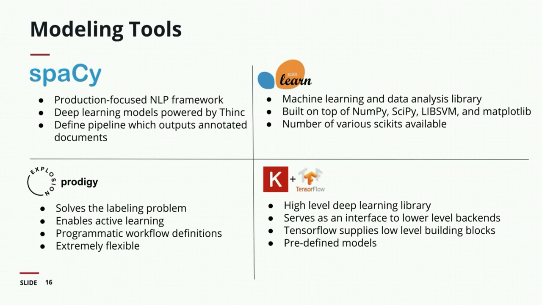What's really nice about Keras is that it gives you a programmatic way of defining models versus defining models in configuration files. It used to be a set of abstractions on lower level backends. Now it's just abstraction on top of TensorFlow. And TensorFlow is more of the low level mathematical framework that you're using mainly for deep learning tasks.